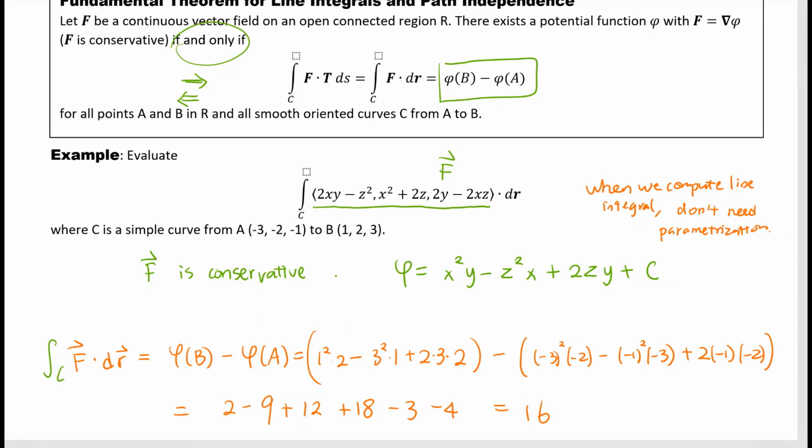Because we just find the potential function and then we plug in the terminal points, subtract, we plug in the initial points. Okay? So we actually don't care what the actual curve C is. As long as it's a simple curve, then we can always find this line integral using this method.